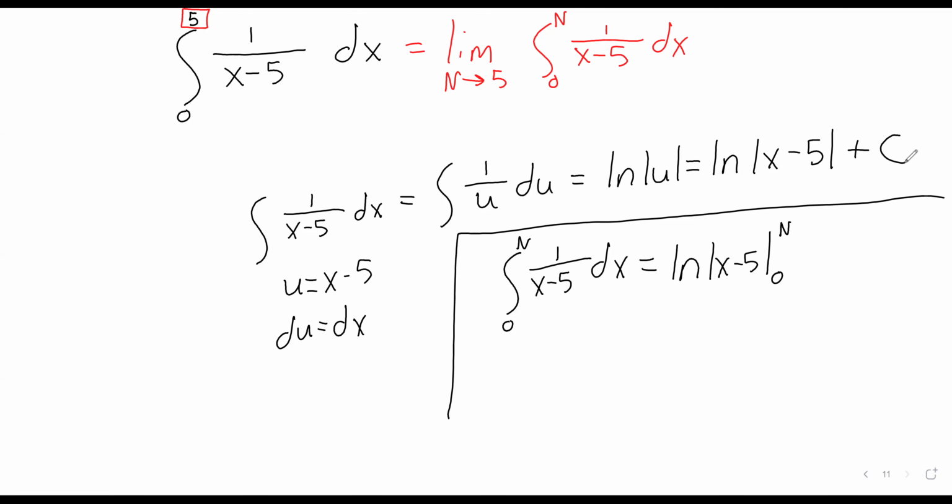We're not yet taking the limit as n approaches 5. We get the natural log of n minus 5 minus the natural log, absolute values to the rescue here. The natural log of -5 wouldn't be defined, but because of that absolute value, everything is still okay.